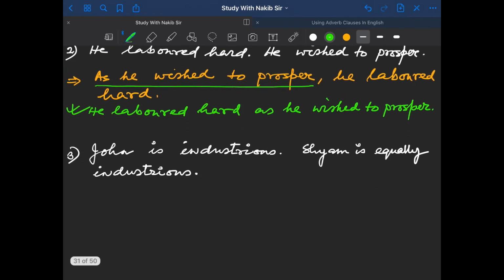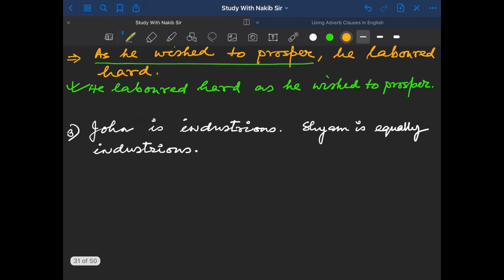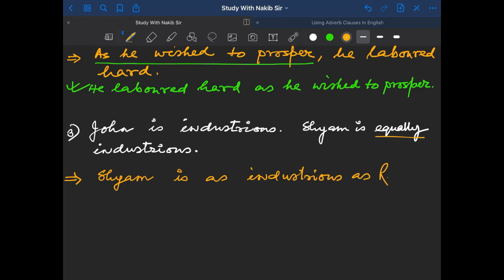Now number 3, the last question. You are tired, I think. Last question. John is industrious, Sam is equally industrious. When you get this type of equally, write this way, Sam is as industrious as Ram.